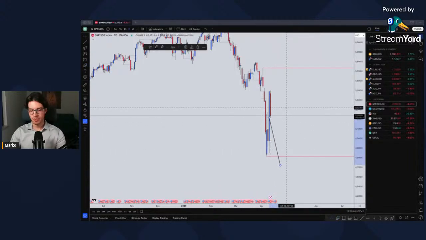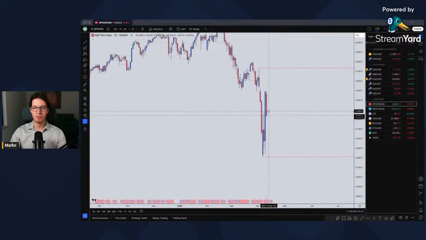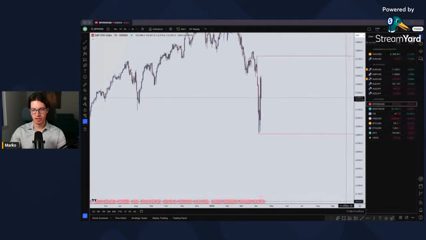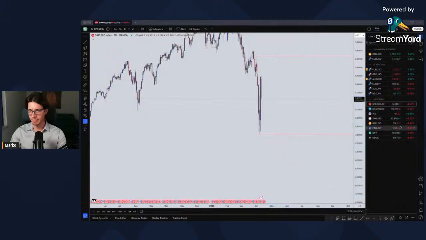Or if it goes higher, you could also get some more. But I would definitely do a dollar cost averaging approach, and I would keep buying, especially if this goes lower. Maybe it does. So I would just keep buying as we go lower and lower and lower. So that is it for the S&P.